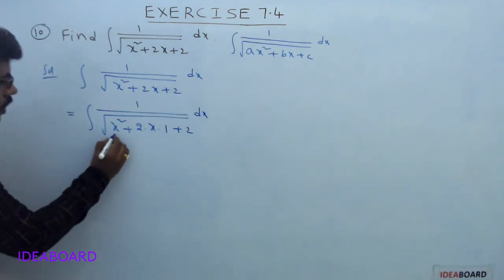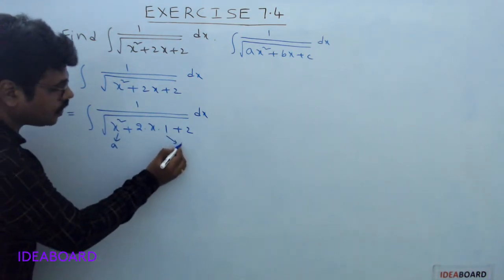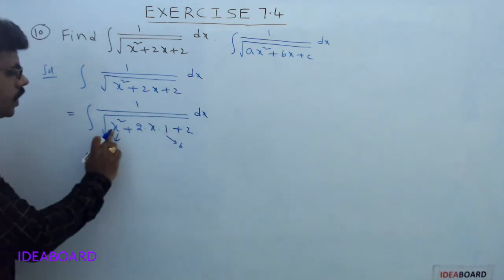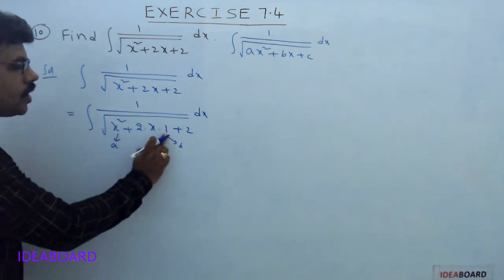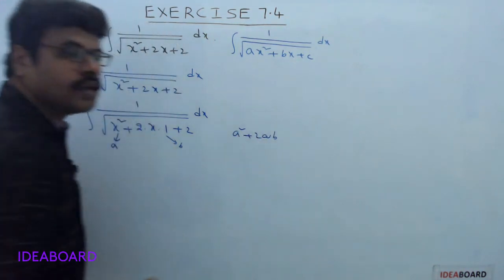If you consider this x as a and this constant 1 as b, this expression is of the form a square plus 2ab.